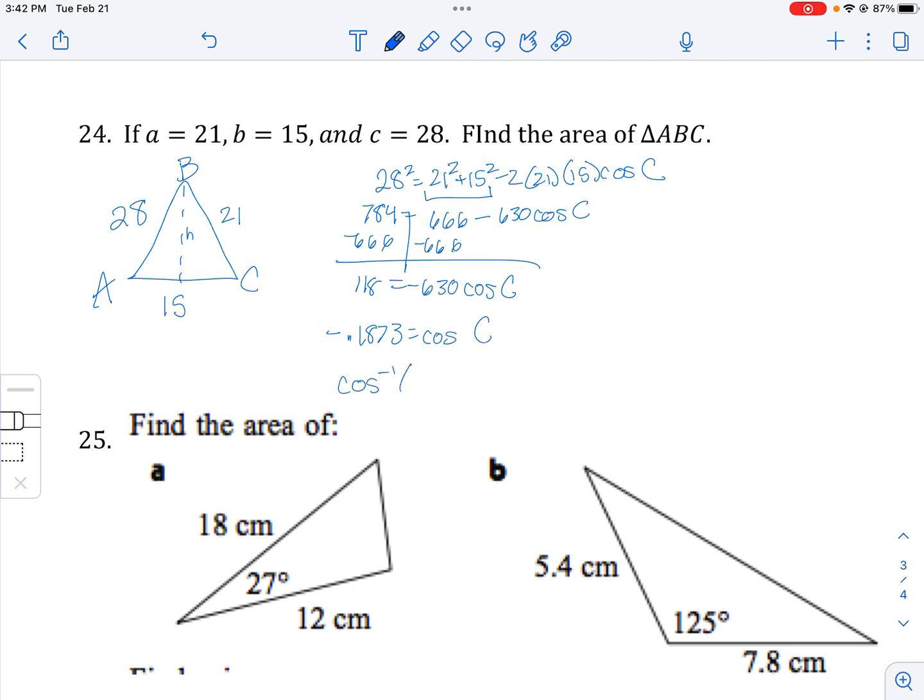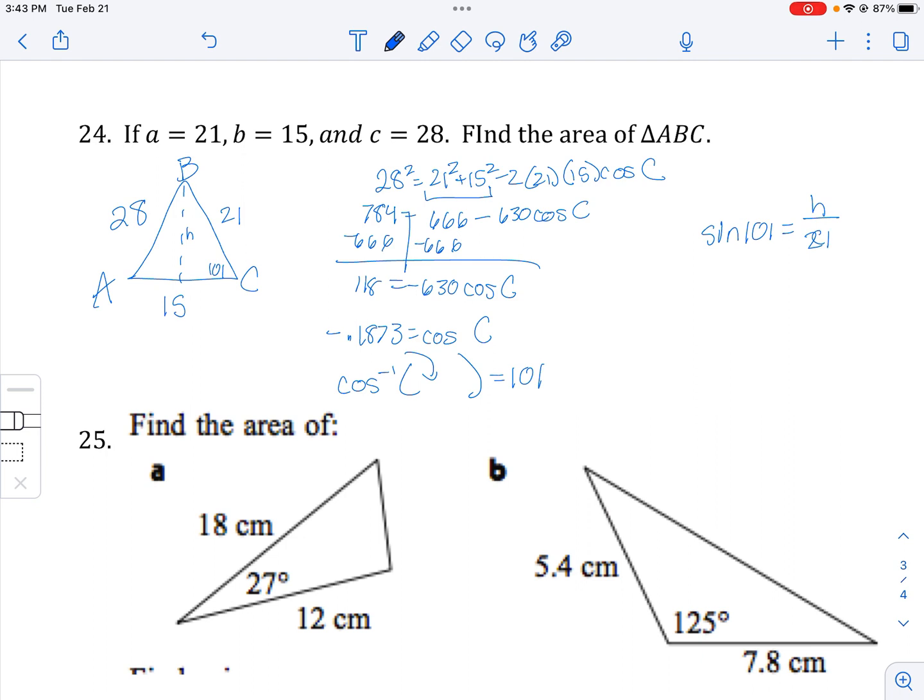So cos inverse of that, negative 0.1873. So we get, I'm going to round it to 101. So I could do then the sine of 101 equals H, opposite over adjacent, over 21.